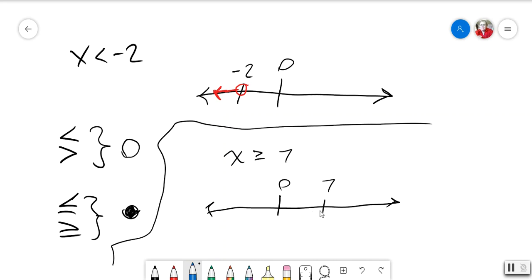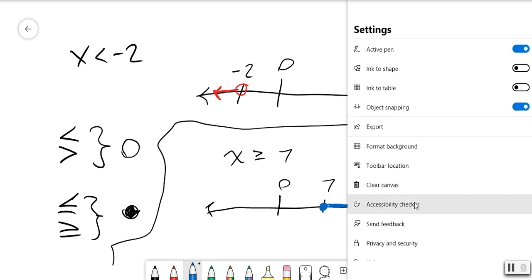So that tells me I do a solid circle, solid dot. Because I can actually step on 7, to use a metaphor. I can be on 7. I go the direction that my inequality sign indicates. That's it. That's all I do.